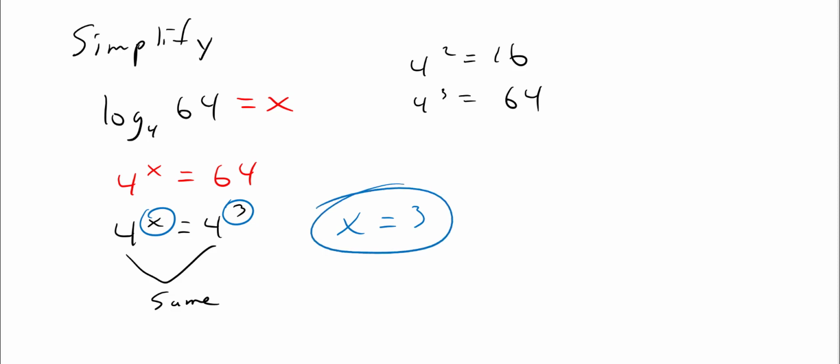Super easy. Okay? So if I give you one other last one here, if I said log base 7 of 7 to the 8th power, it looks a little nasty, but here's the deal. We're going to set it equal to x, and then write it as an exponential.